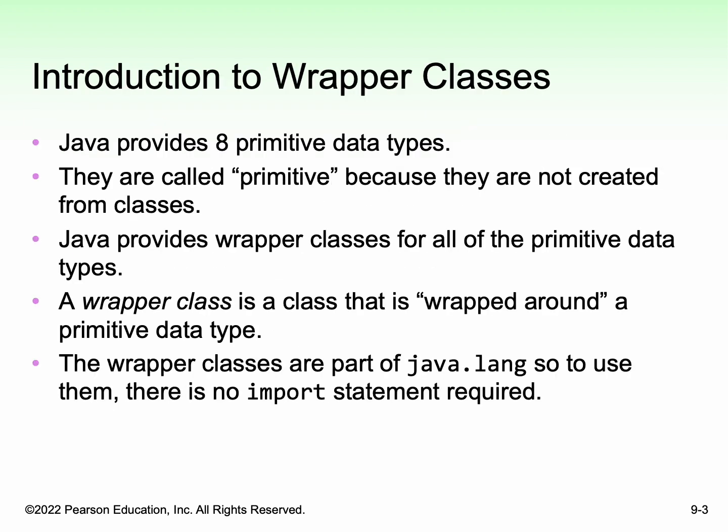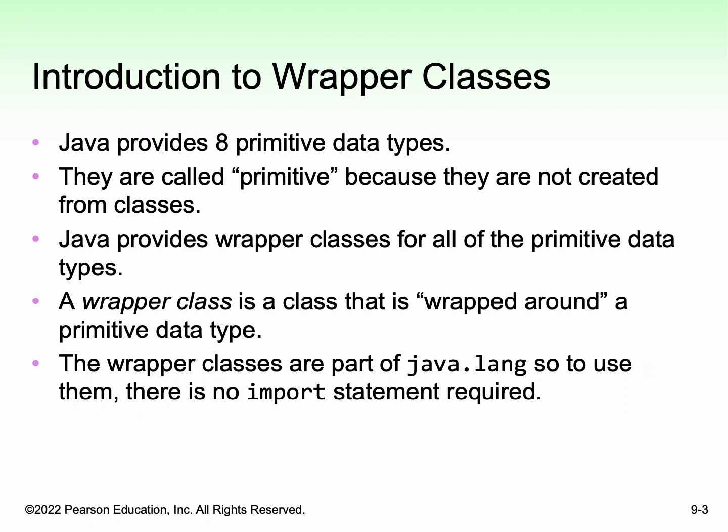Alright, so let's talk wrapper classes. Wrapper classes are basically classes that are created for the primitive data types. Java provides you with 8 different primitive data types that we covered in the very first early chapters. They're called primitive because they're not created from any classes, so they're not objects.